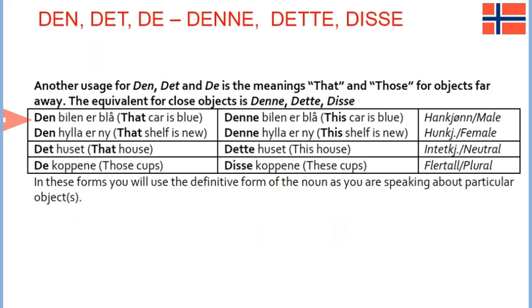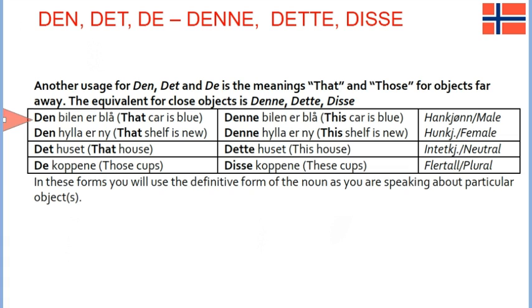If we go to the second part, then den, det, de can also have another meaning, and that's that, when you're pointing at something, and those if it's plural. And the equivalent for a close object is then this.